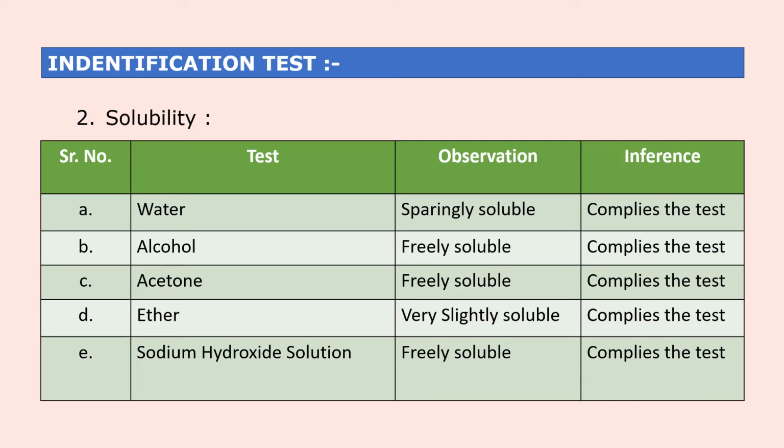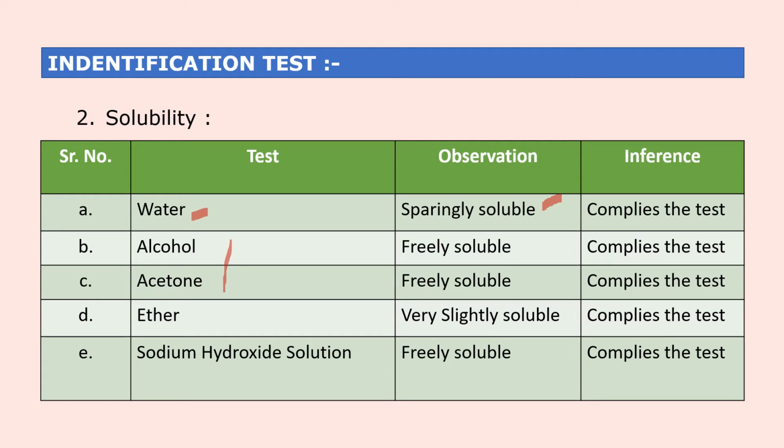Now let us see one by one. I have taken 1 gram of paracetamol in water. How much quantity of water will be required so that it will be sparingly soluble? It will require a quantity of 30 to 100 ml. If it is in between that range, then I am going to write down sparingly soluble.